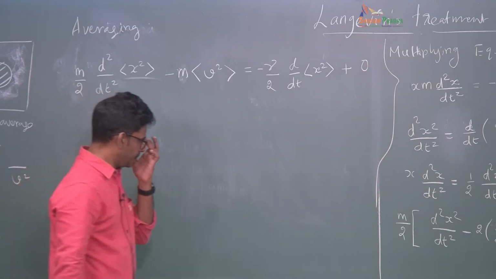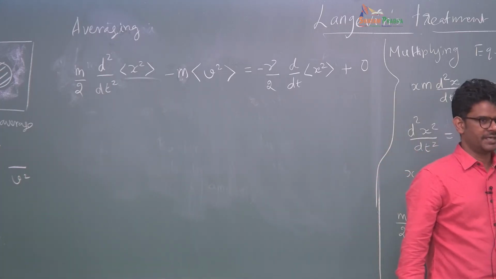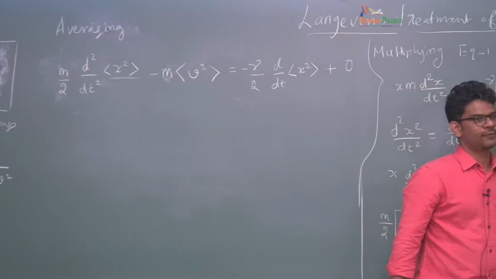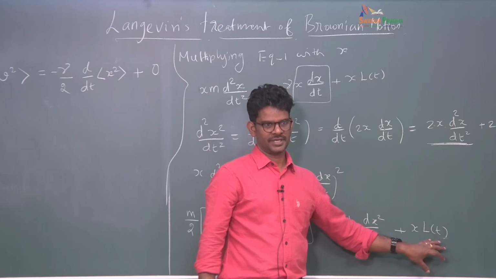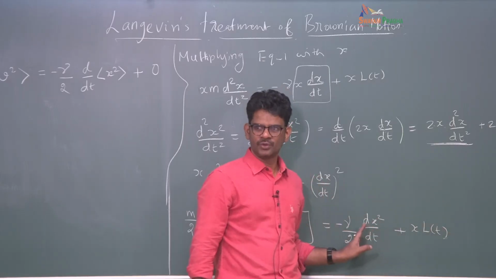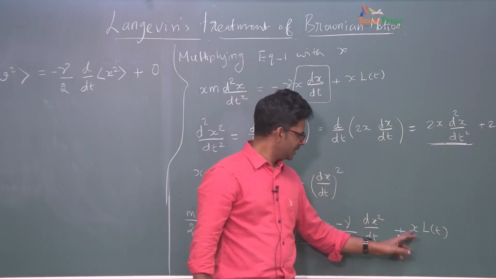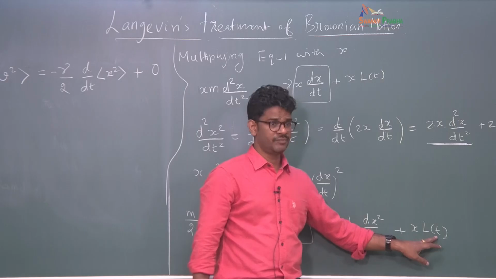This term here, when I average over all the particles at any instant of time, the average force vanishes. That is the characteristic of the force that we are saying. The average random force acting on the system is 0. So when you average over all the particles, x times L of t will vanish. x is an independent variable, and L of t is an independent variable.